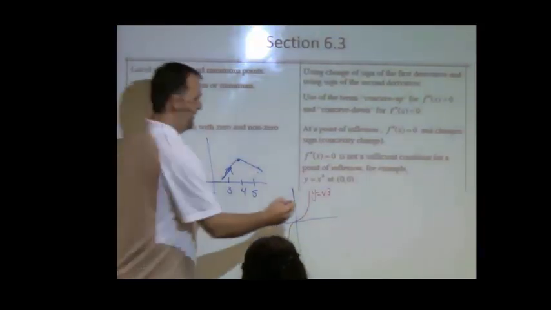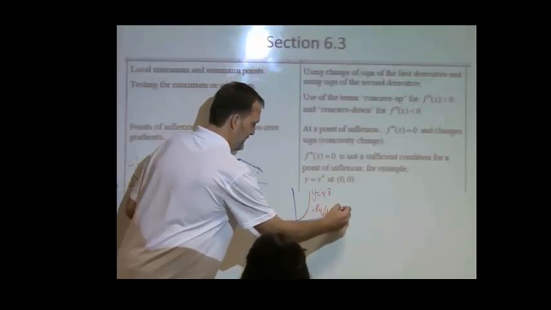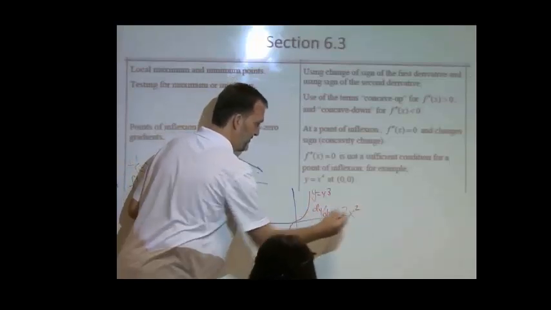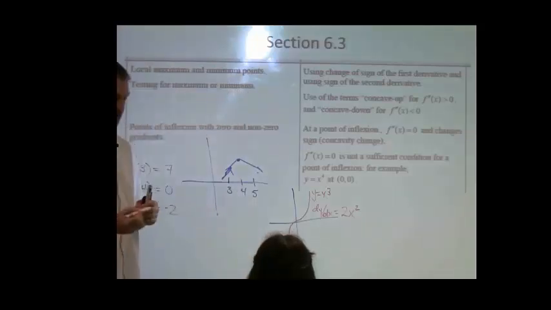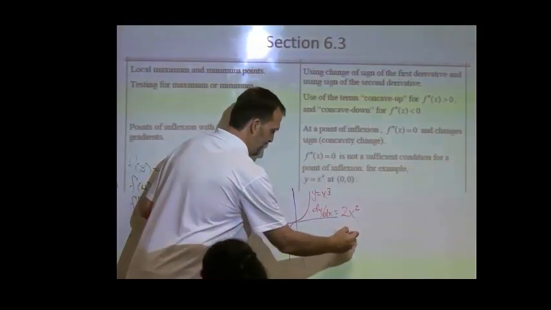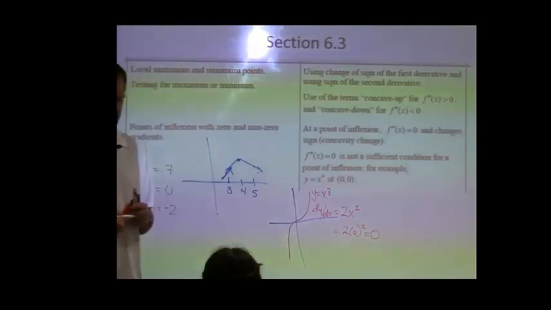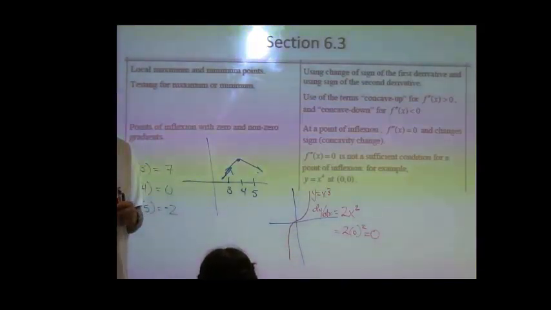If you take the derivative of that, you get 3x squared. If you put in 0, you get 0. Which tells you it's a stationary point.